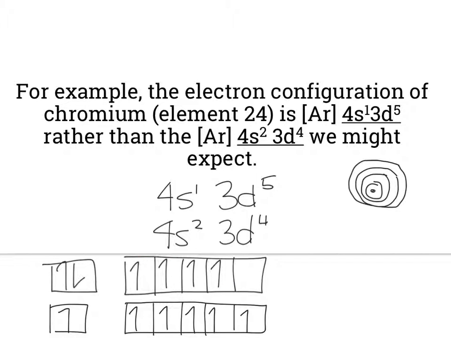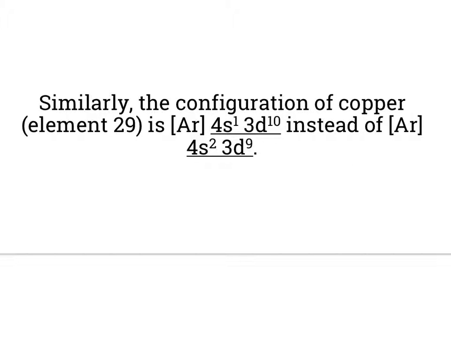And this actually happens for a couple of elements in that same column. As I mentioned, copper is typically 4s1 3d10 for very similar logic, and even more so in this case, because copper can actually fill its 3d orbital, and its third shell is filled.